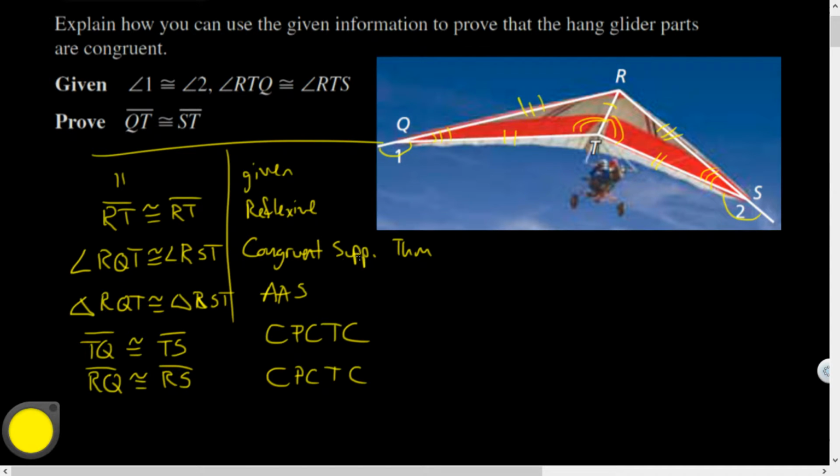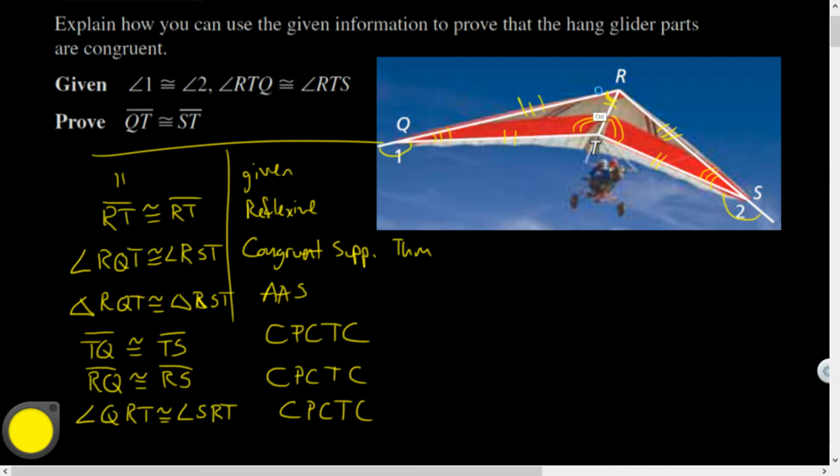What's the last piece of information that I can claim, although they didn't ask for it? They just asked about glider parts, and this angle technically isn't a part. But angle QRT is congruent to angle SRT by CPCTC.